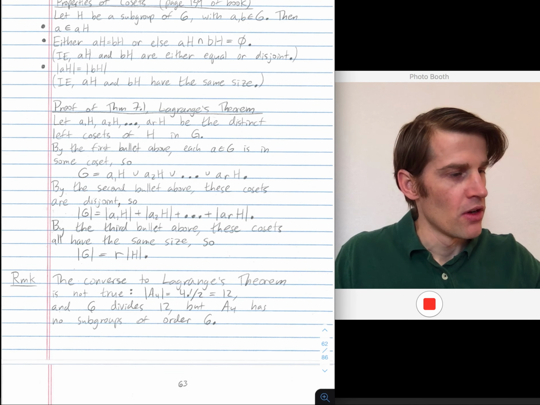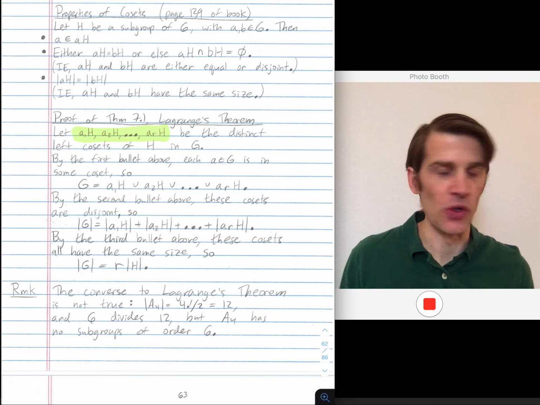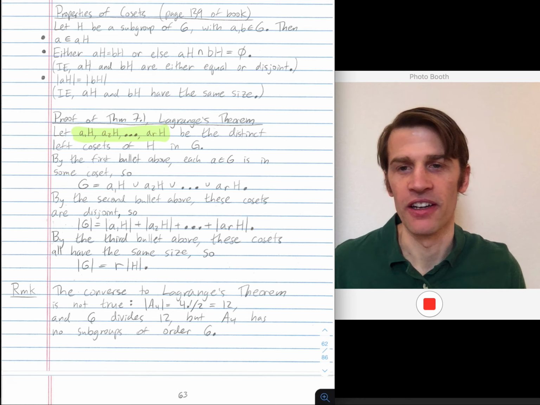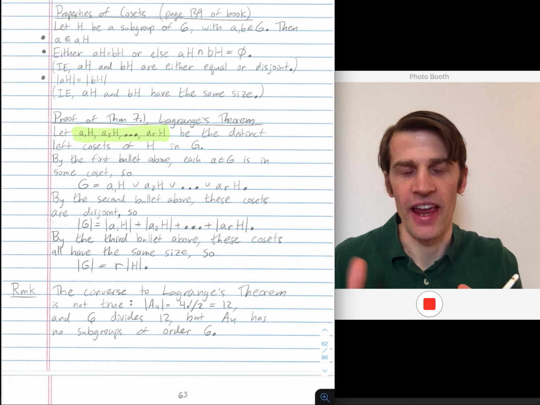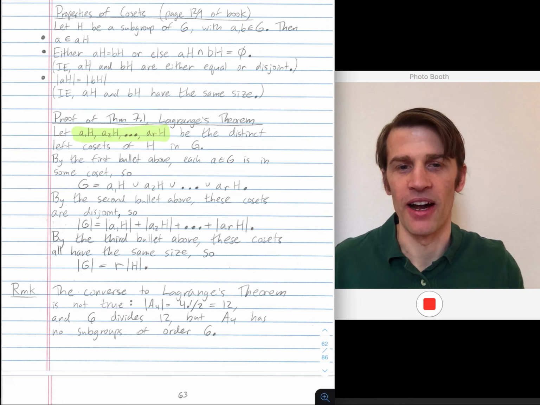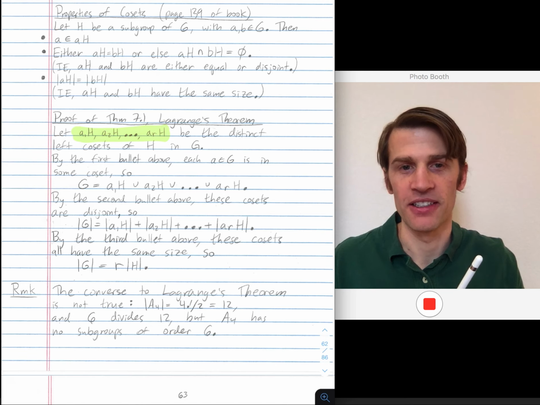All right, so we're going to let A1H up through ARH be the different cosets of H in G. So in the case where G was Z12 and H was the subgroup generated by 3, then we had 0 plus H, 1 plus H, and 2 plus H as the different cosets.